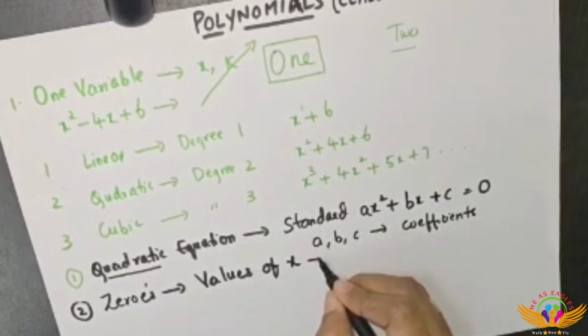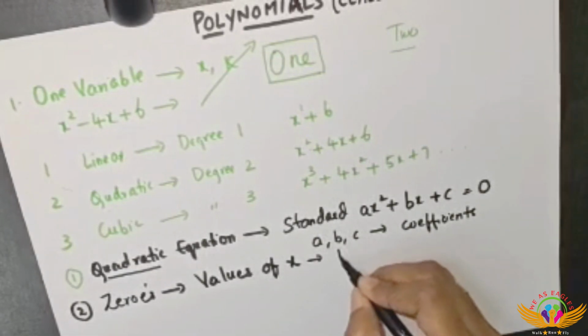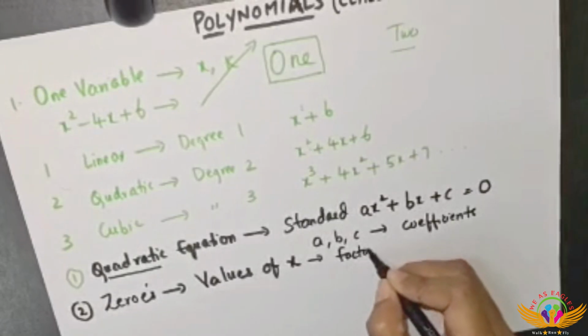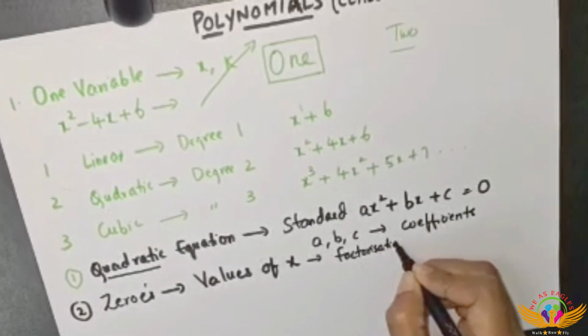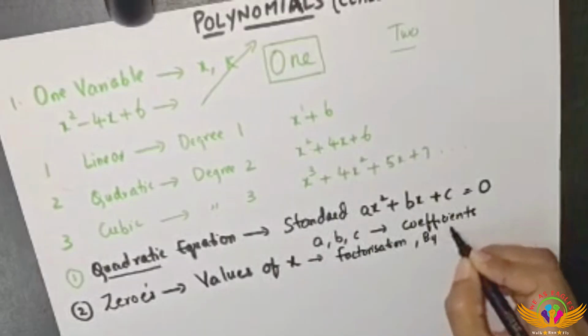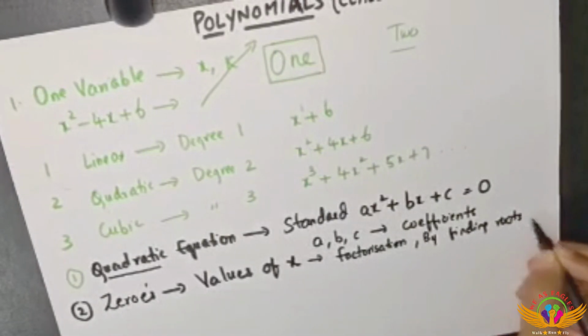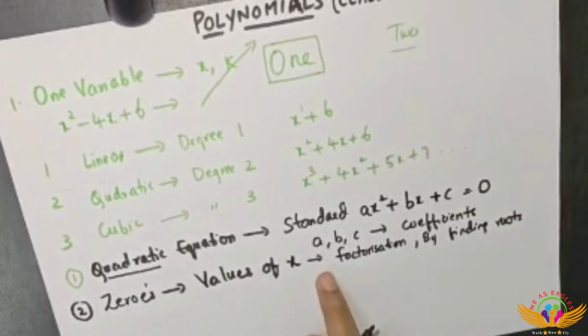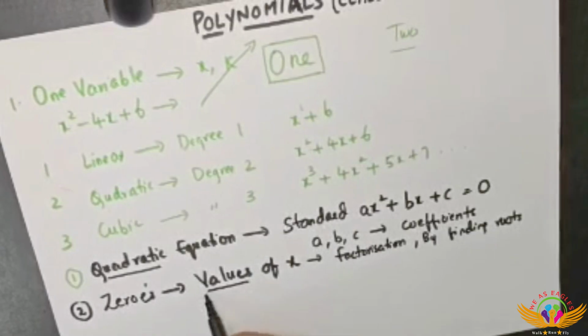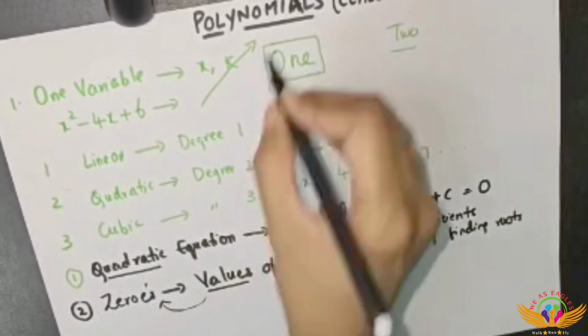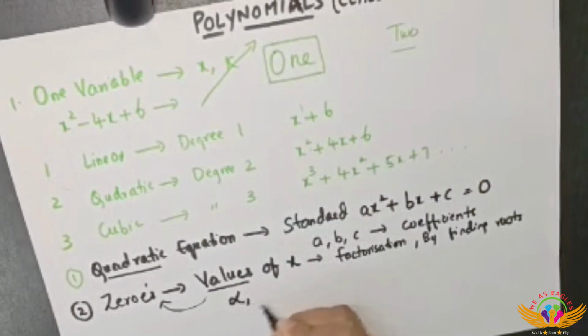You find the value of x by factorization or by finding roots. These values of x in other terms we call zeros. In polynomials, we call them alpha and beta.